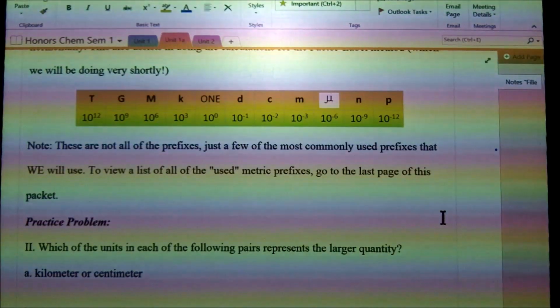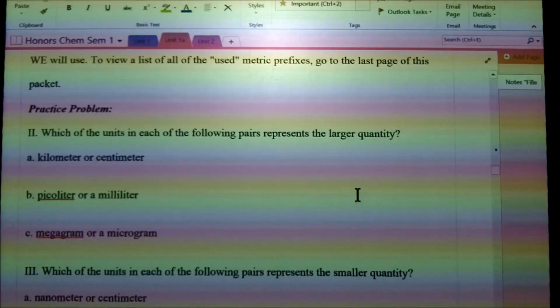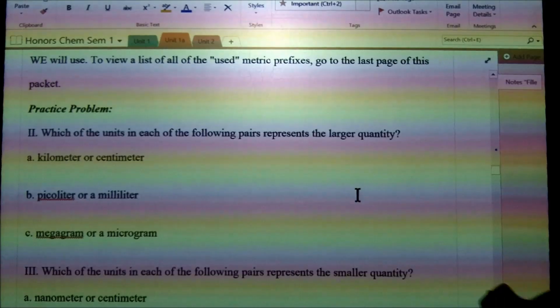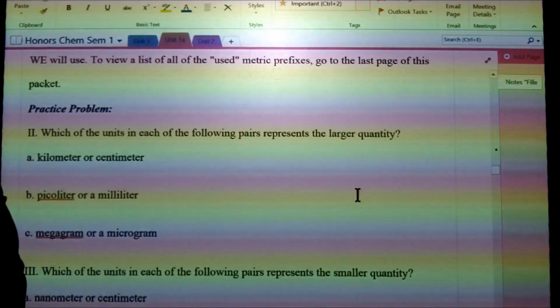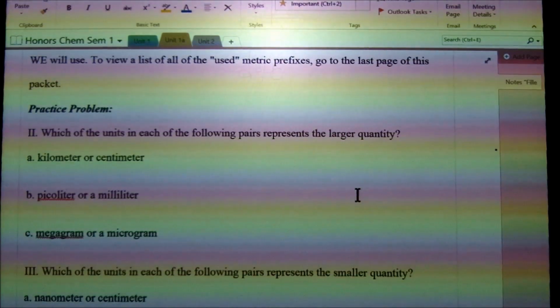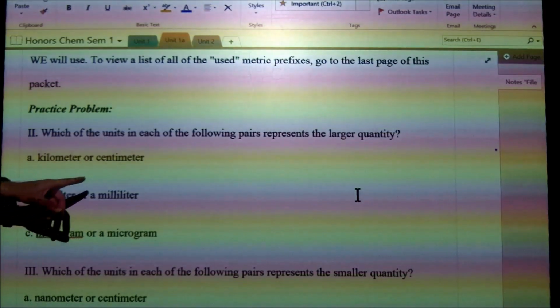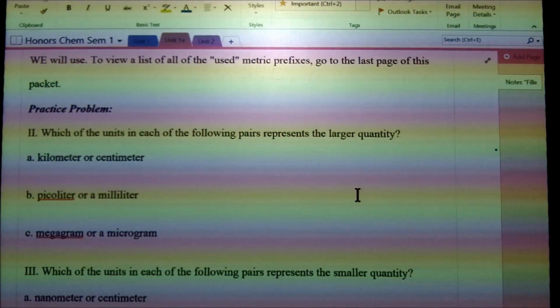Okay. So let's look at the practice problems. And you can leave this up. I'm going to actually scroll this over. So, kilometer or centimeter? Which one is bigger or larger? Kilometer. Which is bigger, a picoliter or a milliliter? Milliliter, yeah.